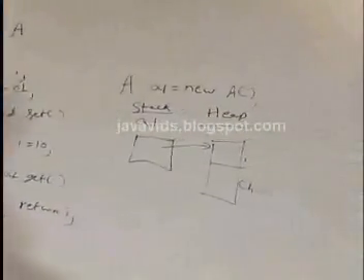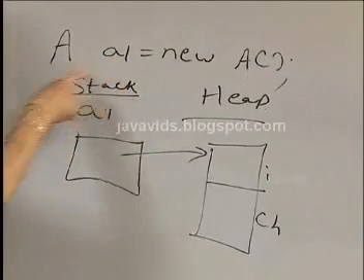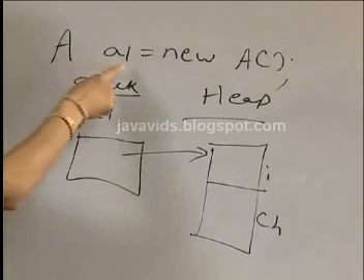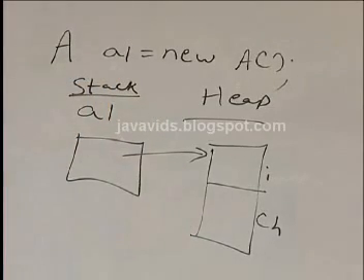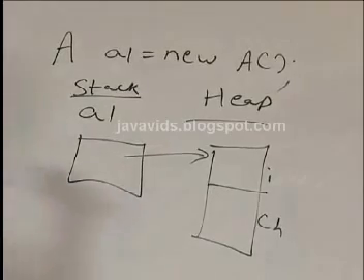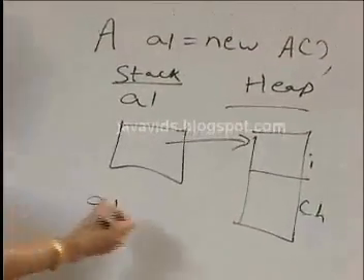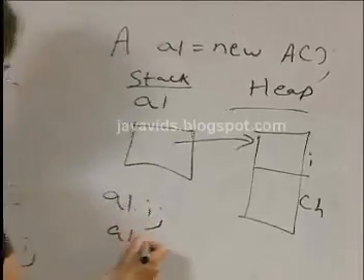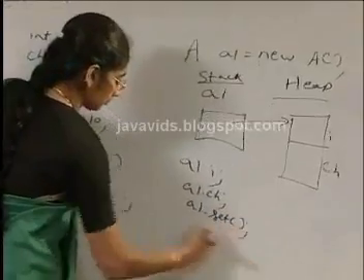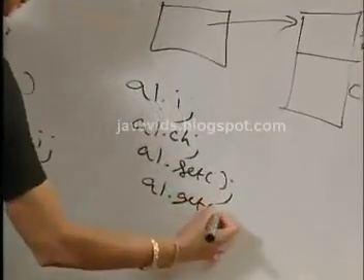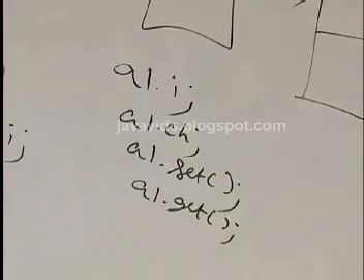Okay? So this particular variable A1, which is of type A, is called as an object or an instance variable of a class. Now using this instance variable, then we access the members of the class. It could be a variable or it could be a method. Likewise. So this is how we access the members of a class.